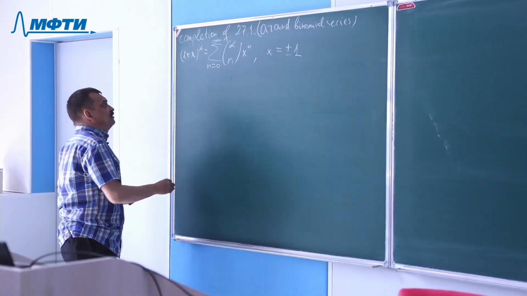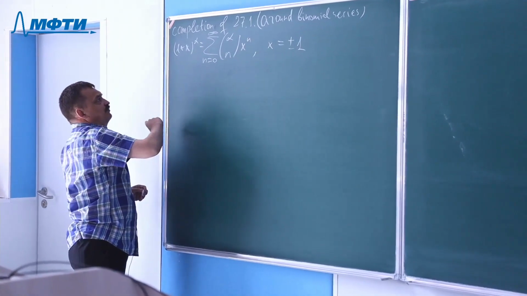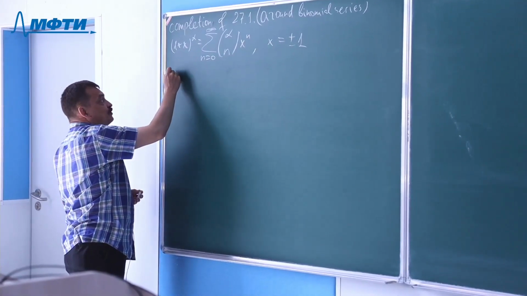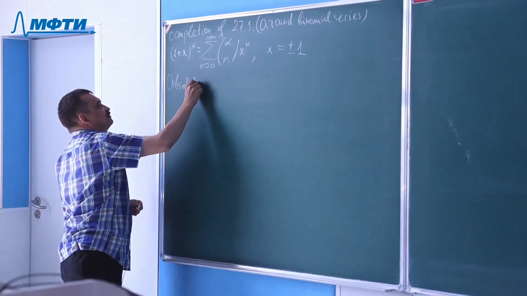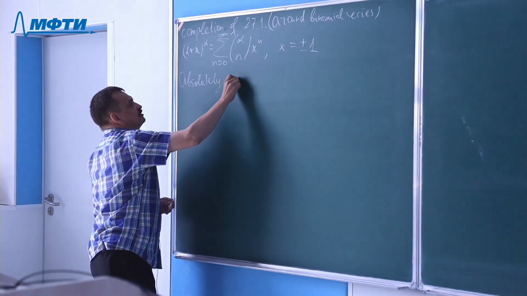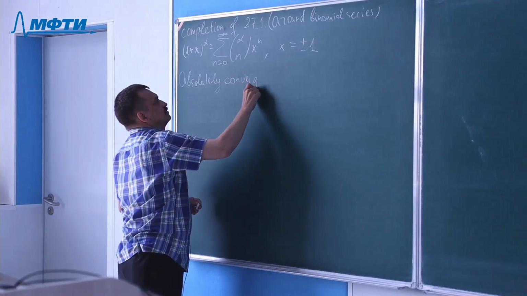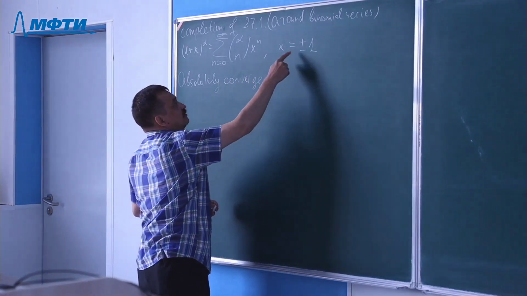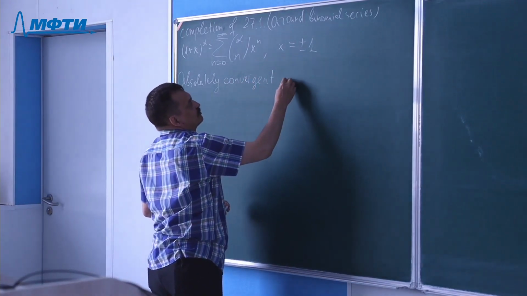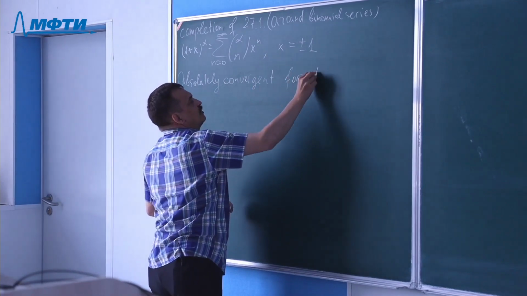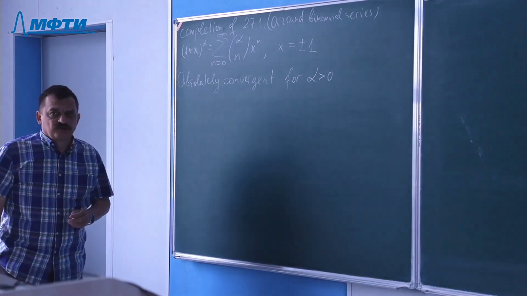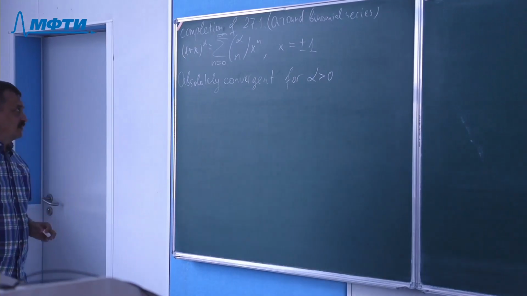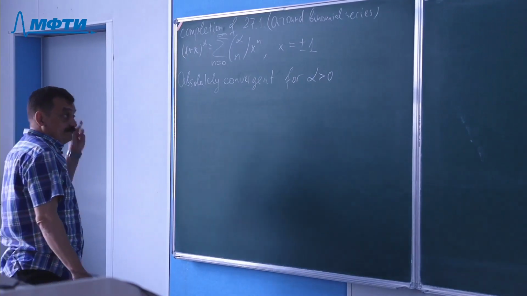And before we started, we proved this series is absolutely convergent at both points for alpha greater than 0. In fact, of course, you can include 0, but it will not be a series.